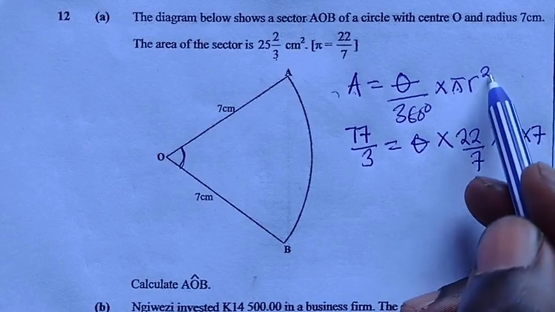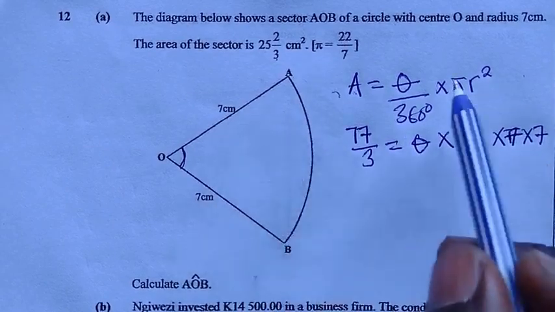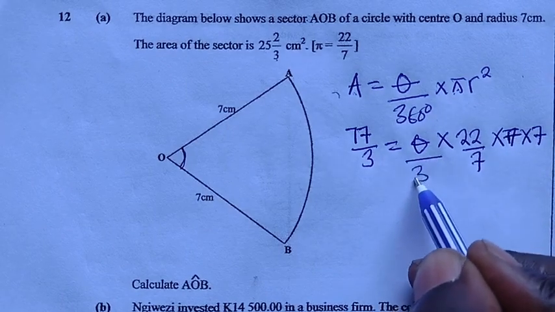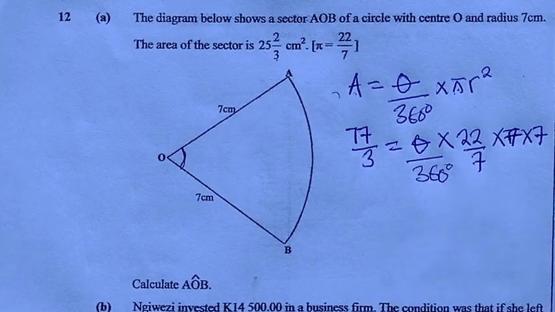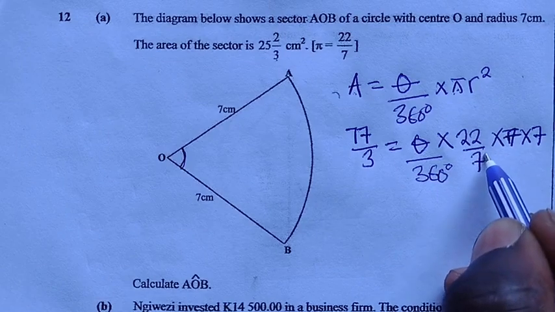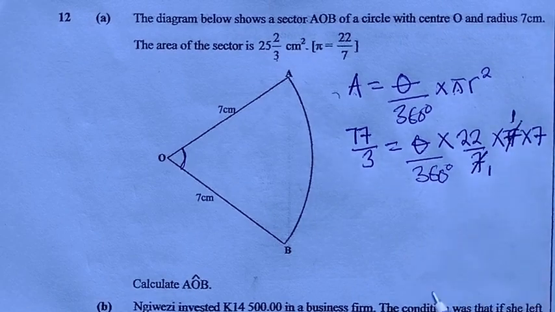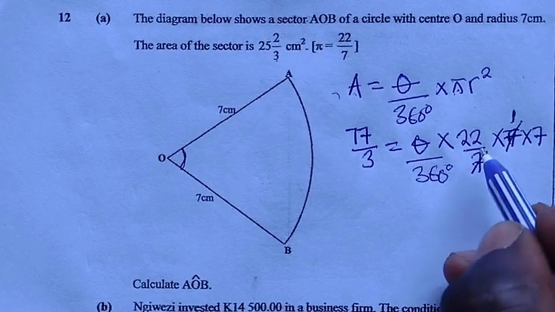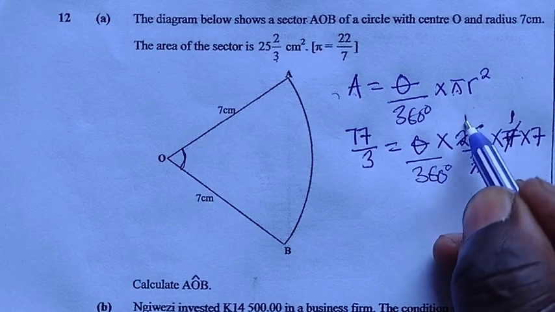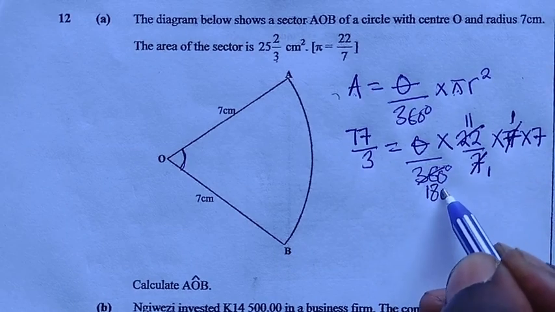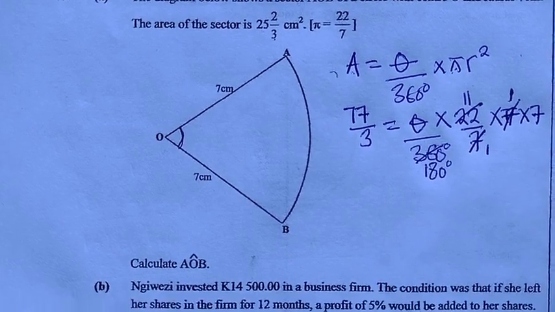Now from there you can try to reduce. You can reduce 7 here 1, 7 there 1. Then 22 over 2 is 11. 2 into 360 is 180 degrees. So this is what you have gotten.